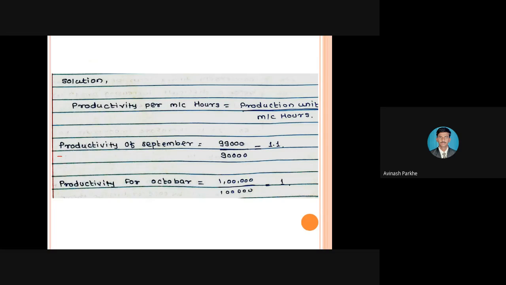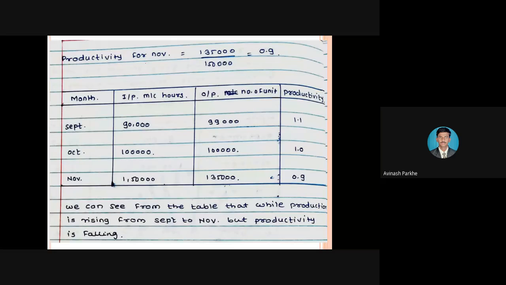So initially the productivity of September is output upon input: output is 99,000, input 90,000, you get productivity 1.1. Then for October, output 1 lakh, input 1 lakh, you get productivity as 1. And the productivity for November is 1,35,000 upon 1,50,000, and your productivity is 0.9.